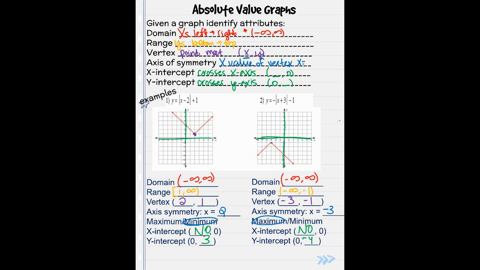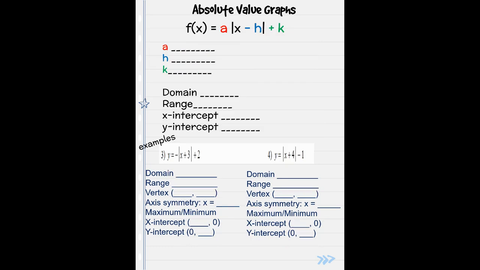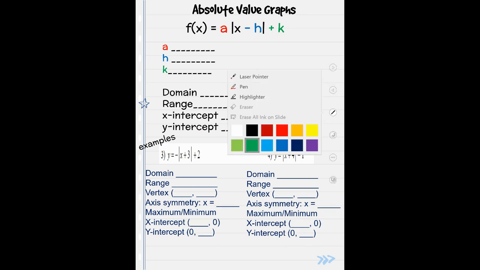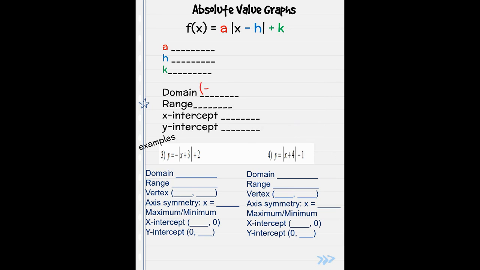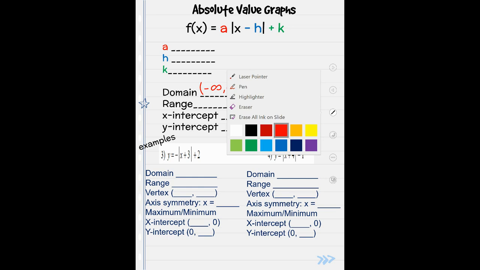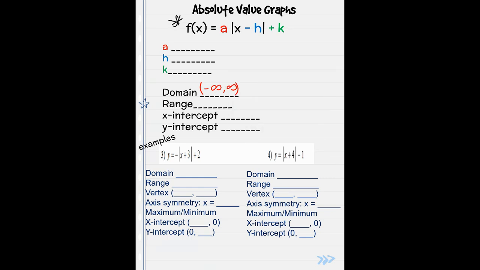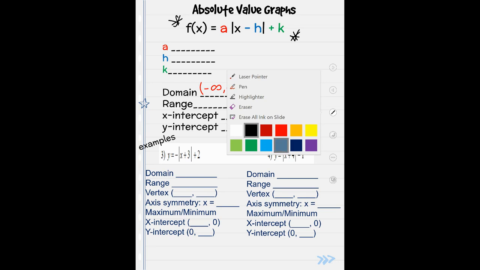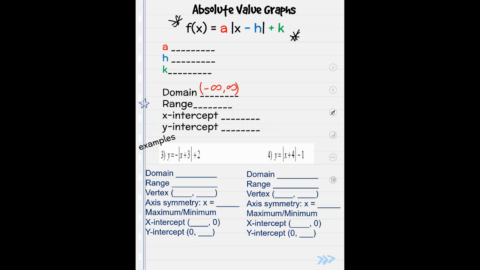When we are given the graph, it's pretty simple, but sometimes we're just going to be given the equation. How do we find those same attributes? Again, our domain, well, it's the same. Doesn't matter what it is. So this is our basic formula for our absolute values, okay? And remember, our A, H, and K is where numbers are going to be placed in, okay?